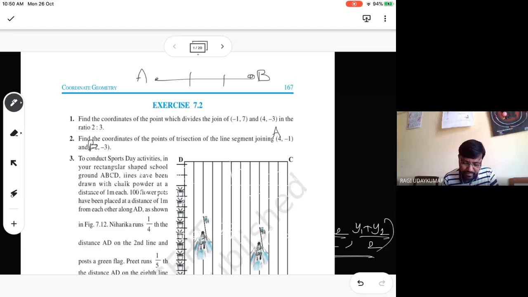One point is P, another point is Q. This point P divides AB in what ratio? Can anyone say?